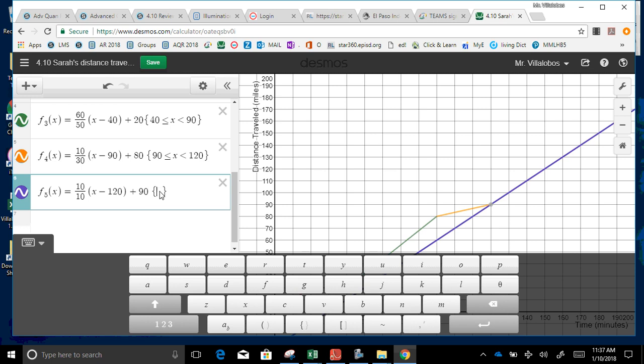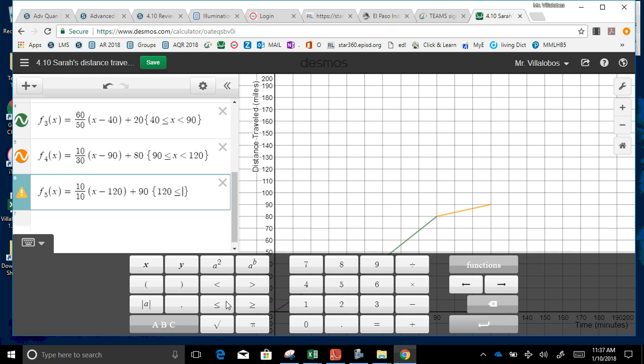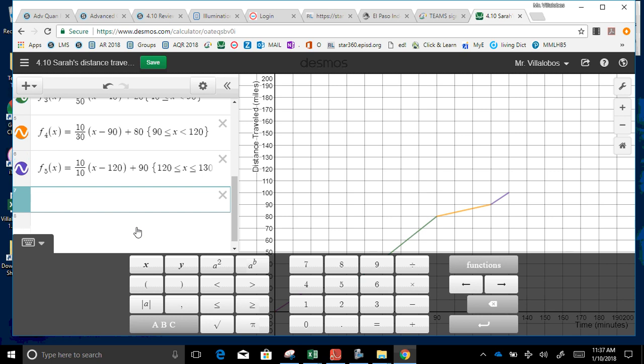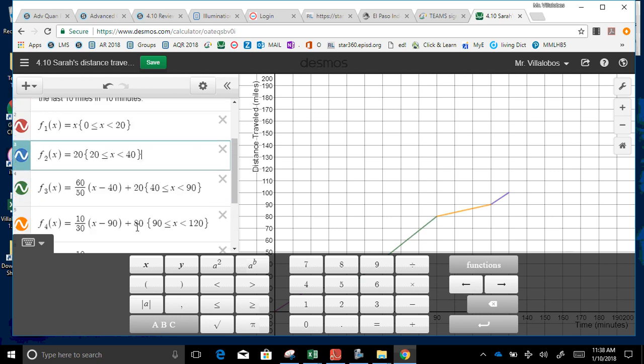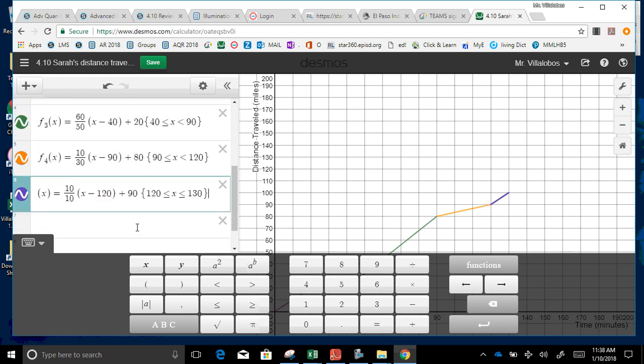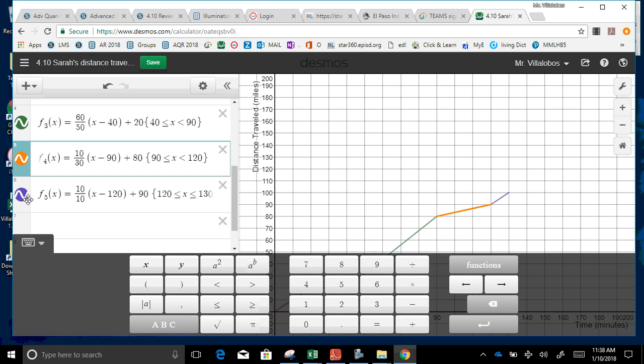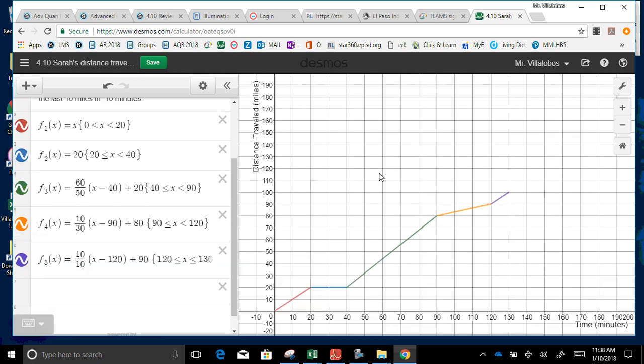The minutes start from 120 where I left off, but less than or equal to x, less than or equal to 10 minutes later, which is 130. At this point, we see that we've done these colors. Here are the 5 pieces.